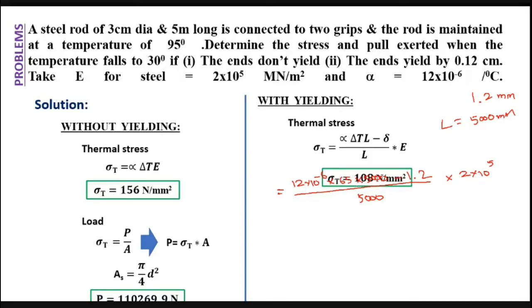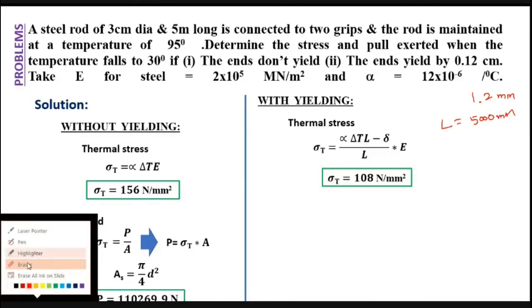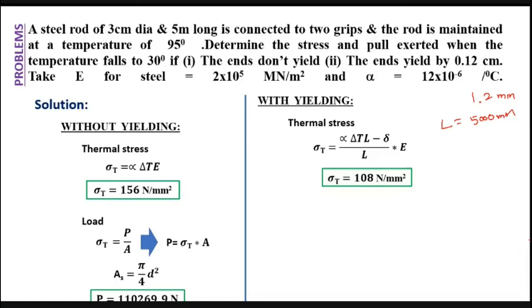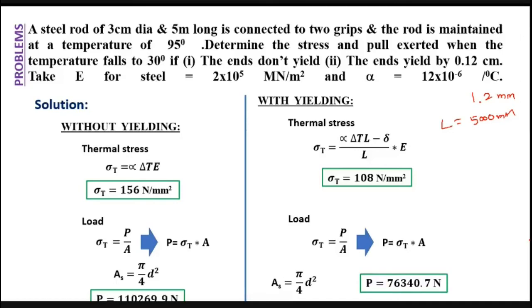Hope you can see this, otherwise I will erase this. So you will get 108 Newton per mm square. We identified our stress now. The only thing is I have to identify my force. Same formula, no difference. Stress is equal to force by area, so force will be stress into area. You know the stress now, you can apply that stress and identify the value, right?